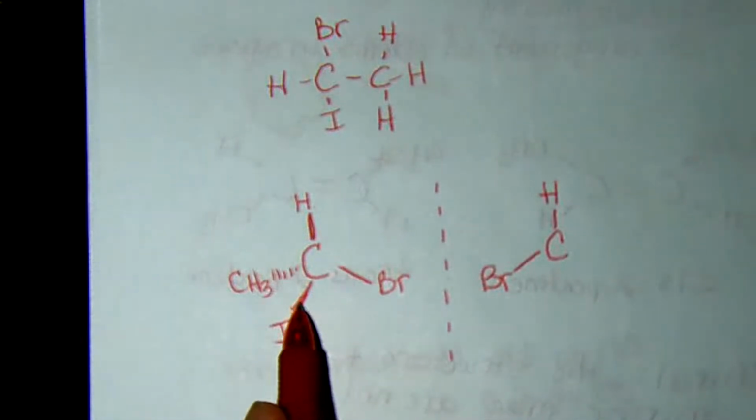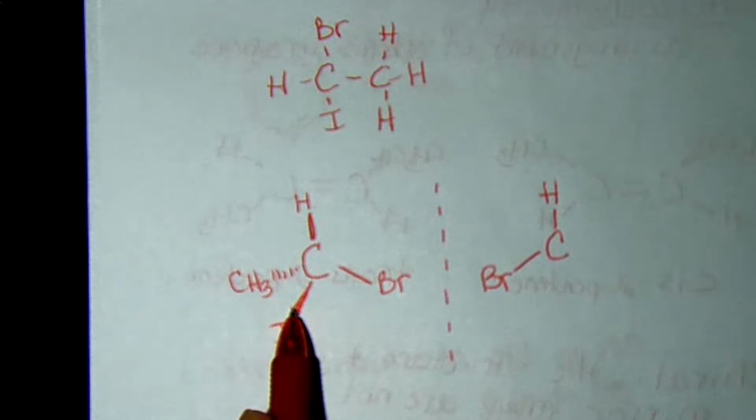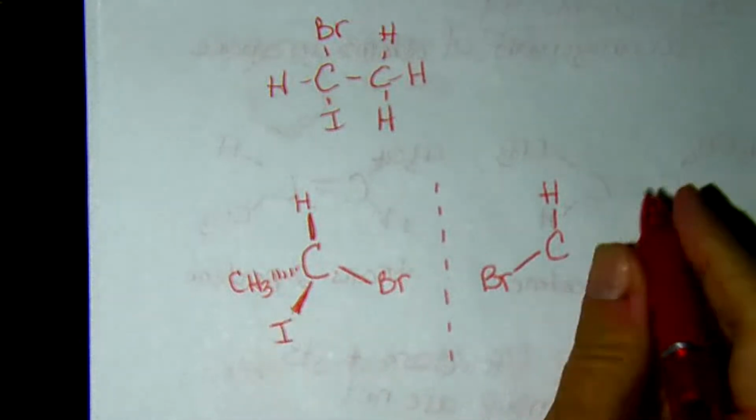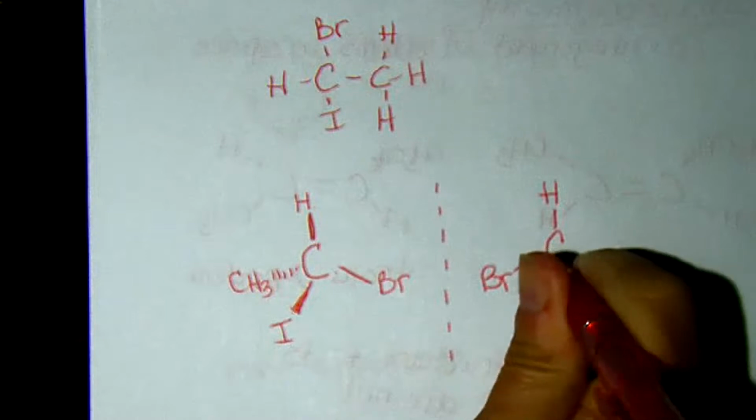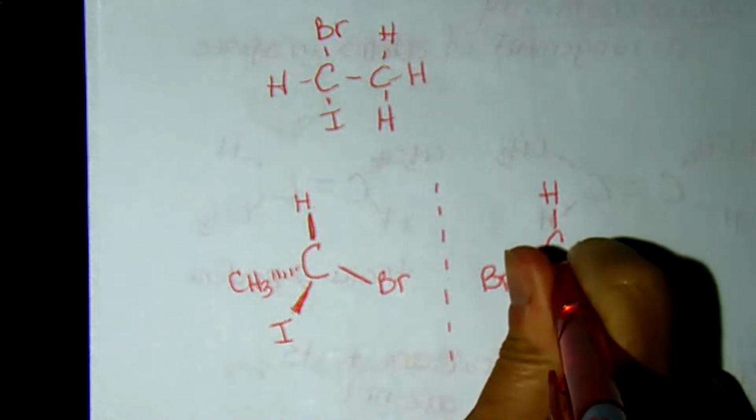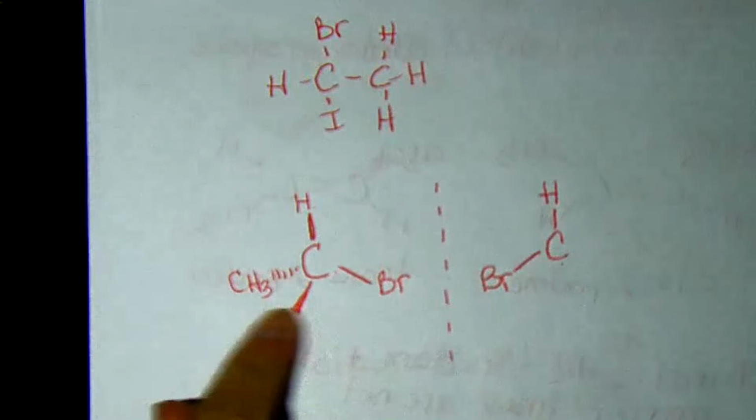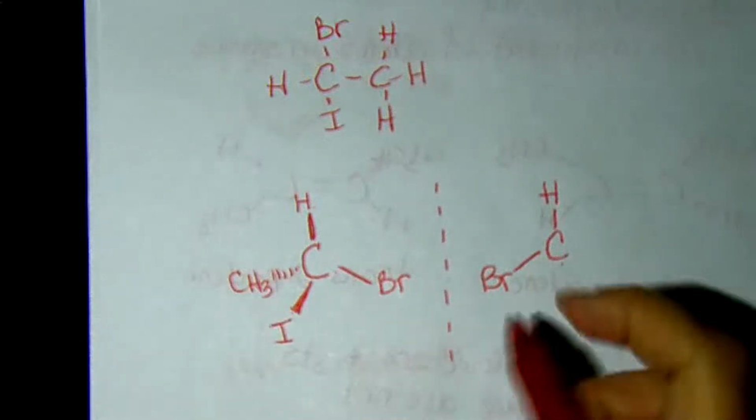And then we have this iodine, and I have it pointing down to the left, so the mirror of that would be down and to the right, because it's pointing away from the mirror.